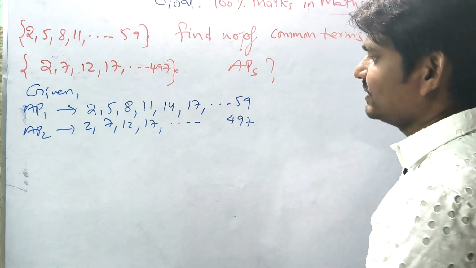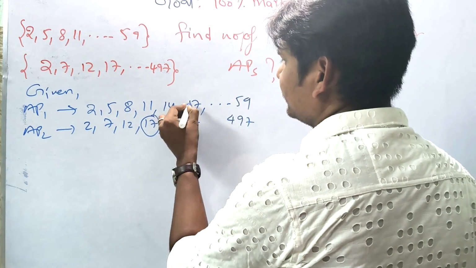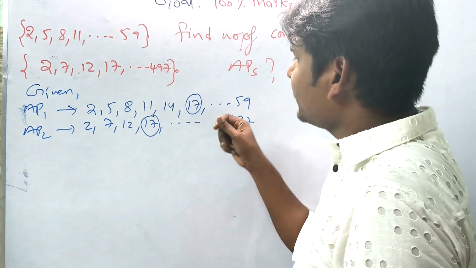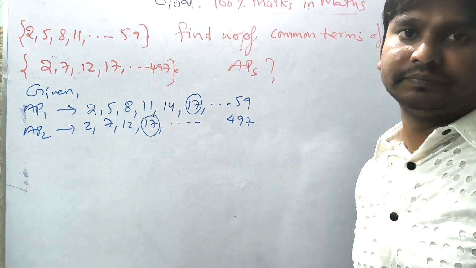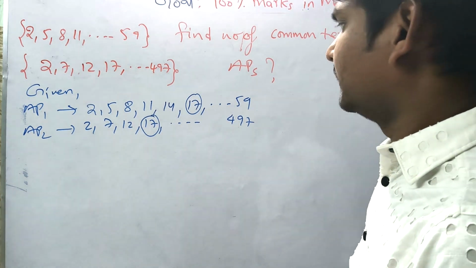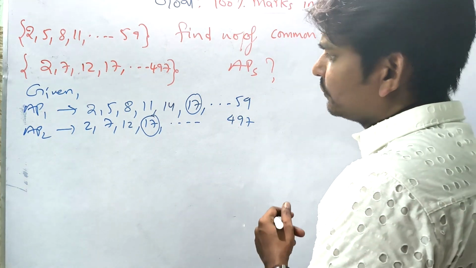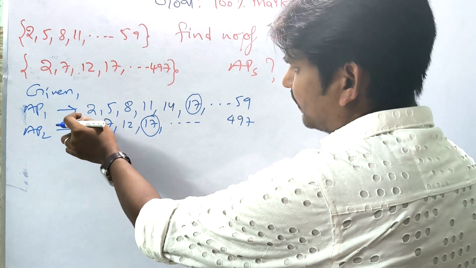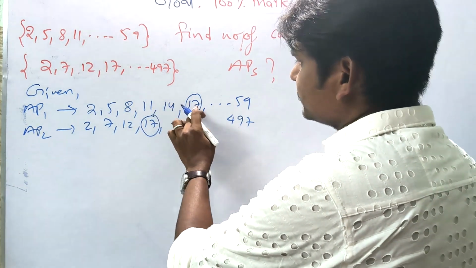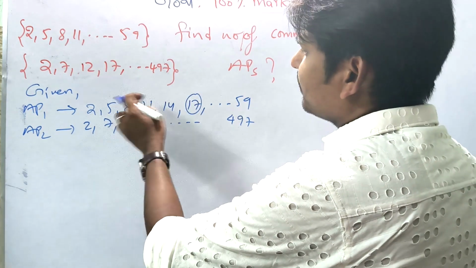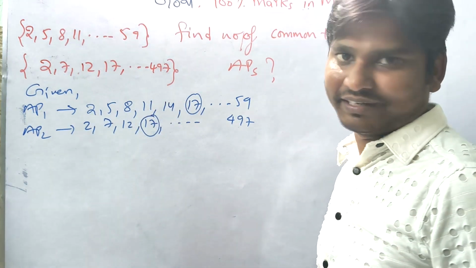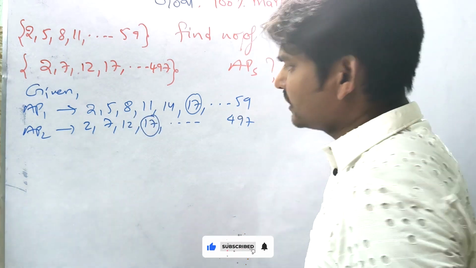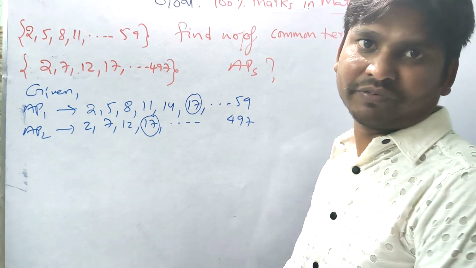Correct? Now see here, this is 17, and here also 17. Like this, how many common terms are there? We have to find out. If you observe carefully, from the first term to this term it is increasing by plus 15. Here also, from the first term to this term it is increasing by plus 15.